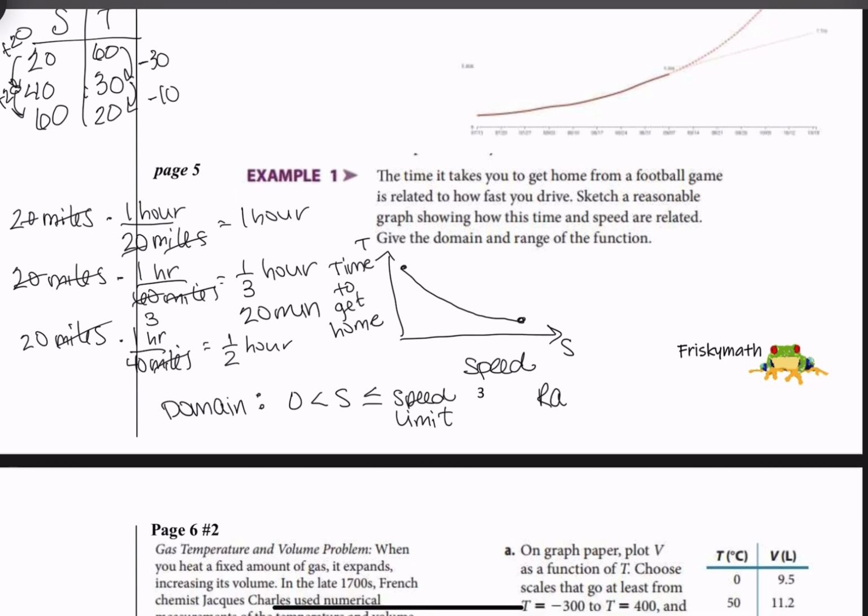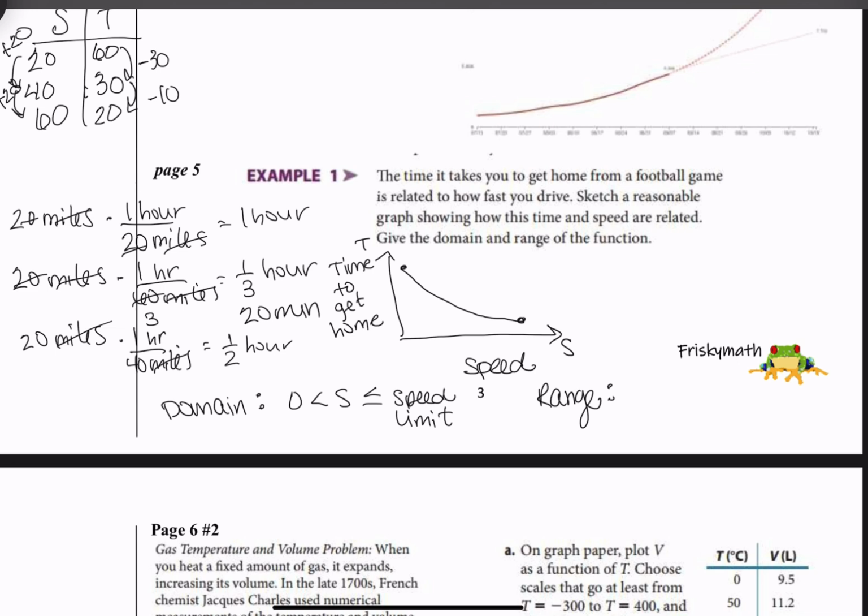Now for the range, that's going to be the time it takes me to get home. So let's see, we already talked about how I can't go 0 miles per hour, so I've got to go either the speed limit or slower, right?